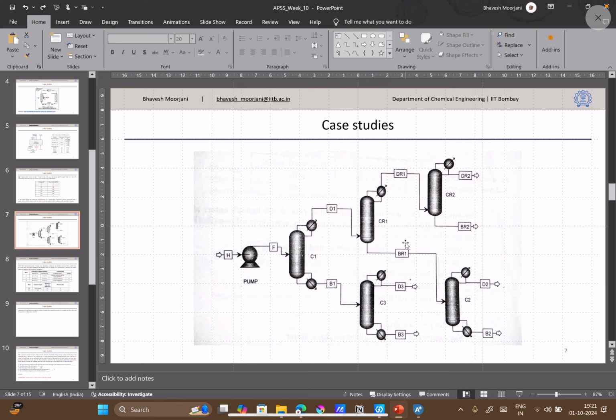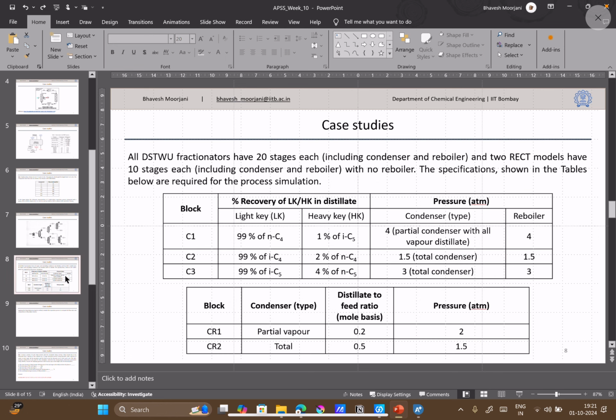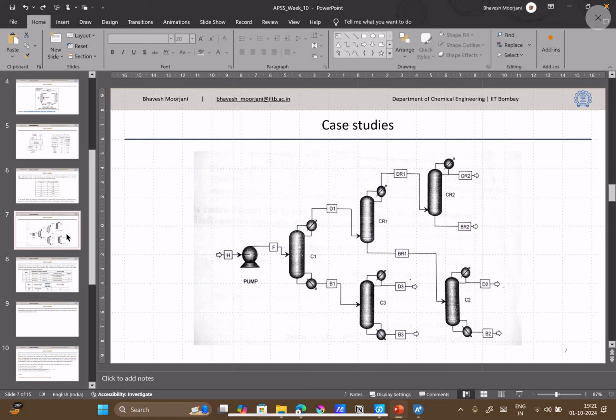For the first DSTW unit, the light key is butane, while the heavy key is pentane. So bottom product should contain mainly pentane and hexane, while C1 to C4 should go into the top part. That top product will go into the RadFrac column.